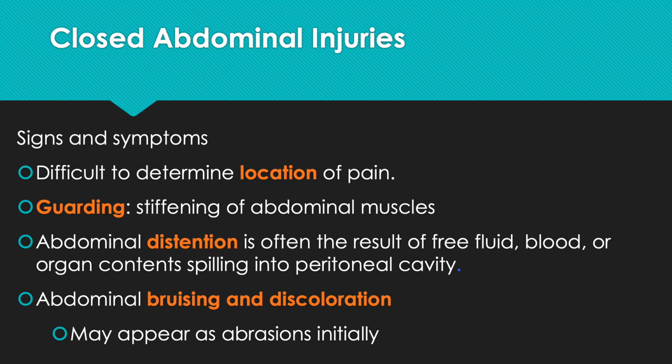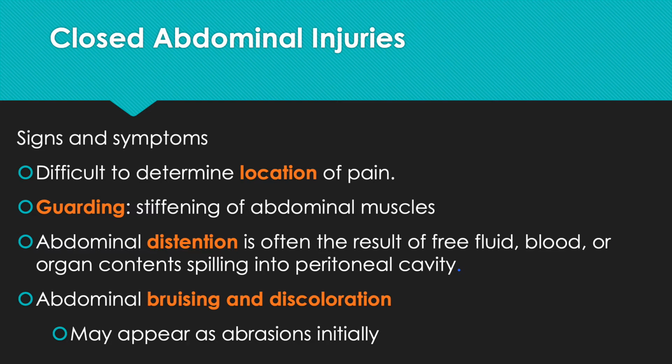Closed injuries, it's pretty easy to see why that would be a harder thing to examine. It's hard to know exactly where the pain is. A lot of times you could have guarding, which is when your ab muscles stiffen up because you're in so much pain. The amount of fluid that may be in your open cavity in your abdomen, depending on how long it's been going on.